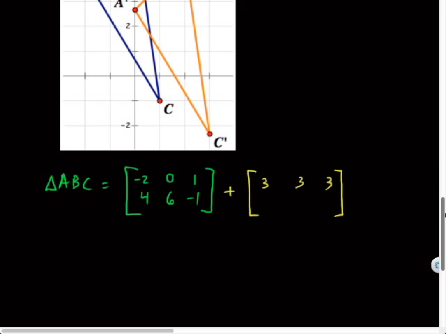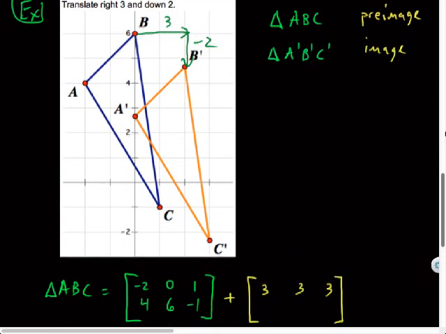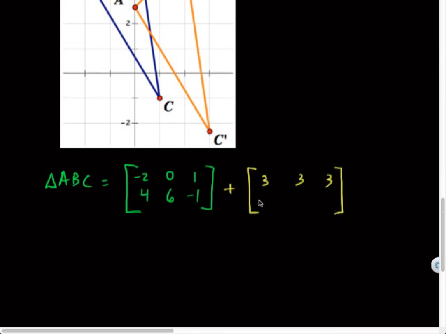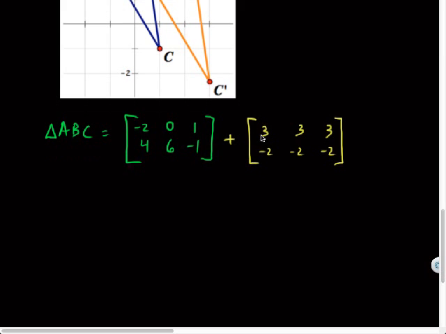And I want to do what to all the y coordinates? Yeah, I want them all to move down 2. So I'm going to add a -2 to all of those respective y coordinates. All right, so this is a translation matrix. And you can see that they have to be the same size. I merely add the translation matrix to it, and it's not that crazy.